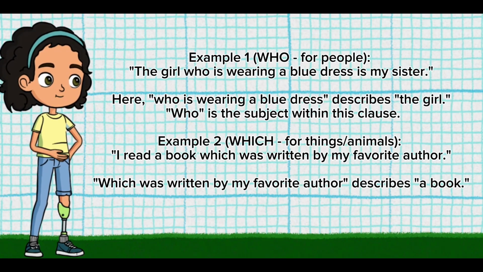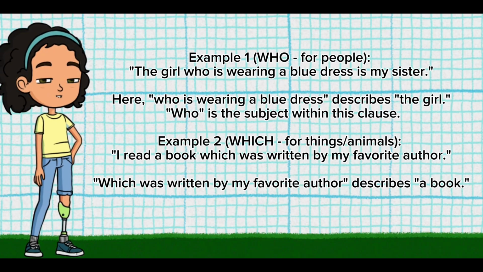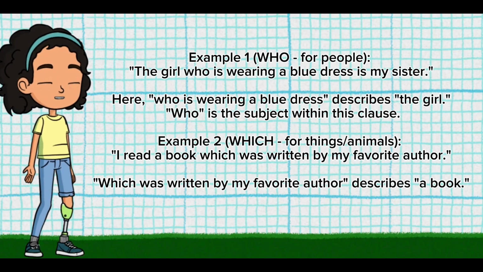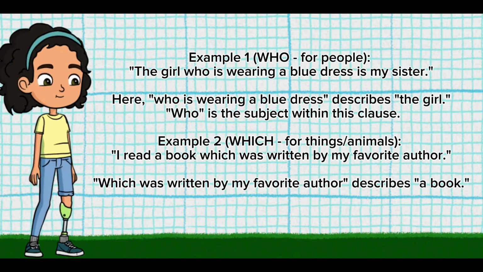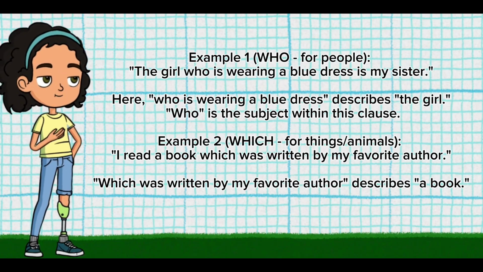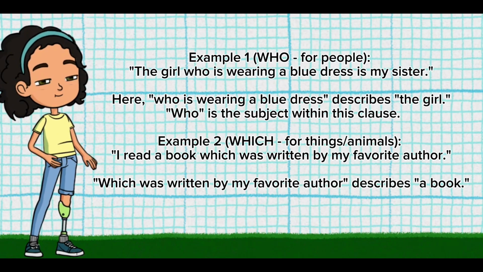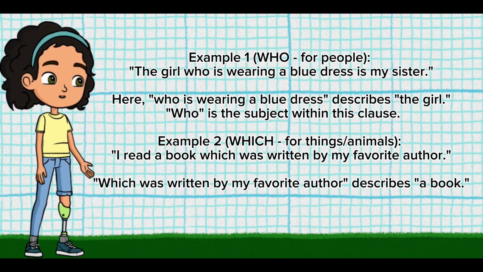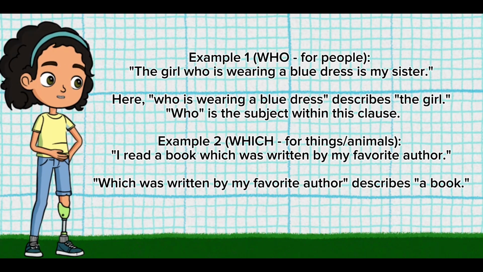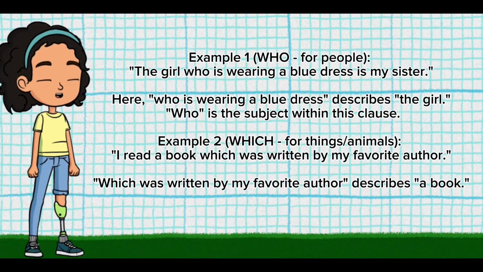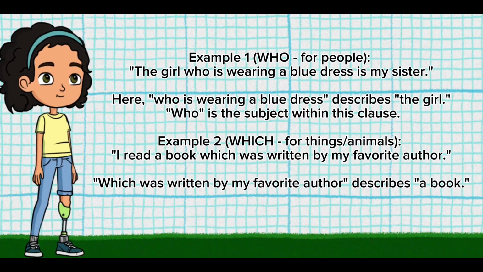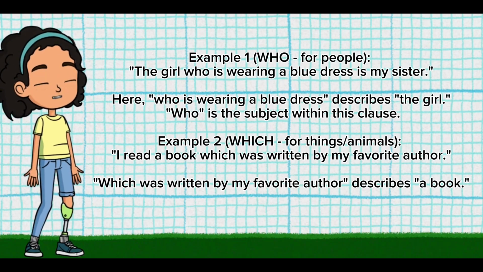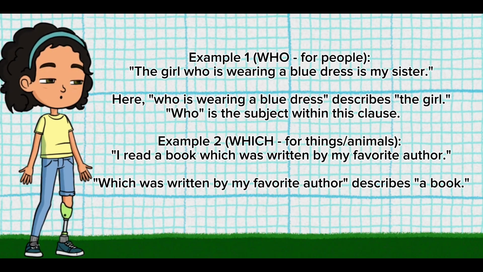Who is the subject within this clause. The next example, we use which for things or animals. The sentence: I read a book which was written by my favorite author. Here, which was written by my favorite author describes a book.